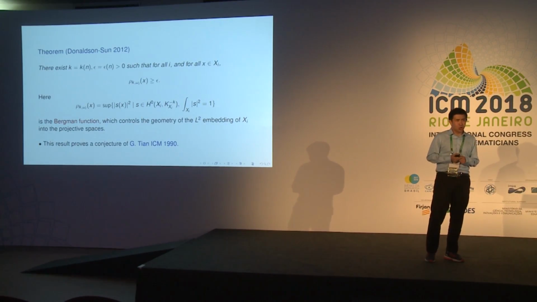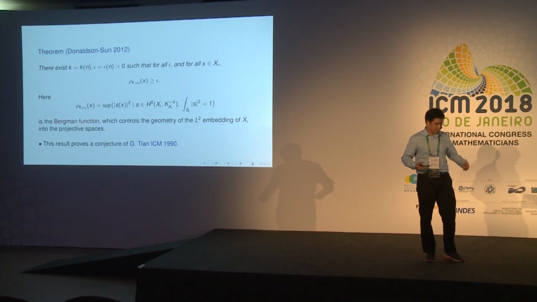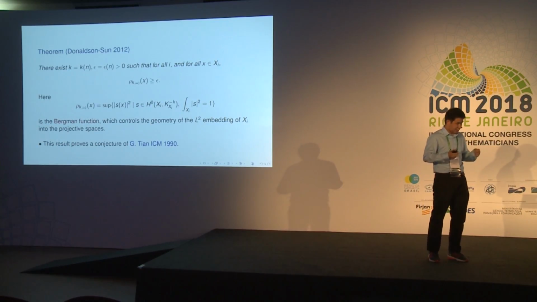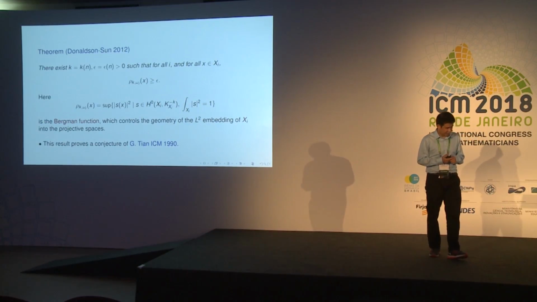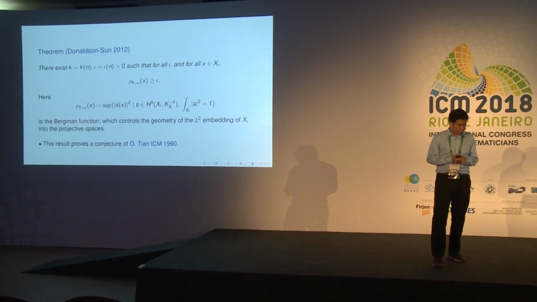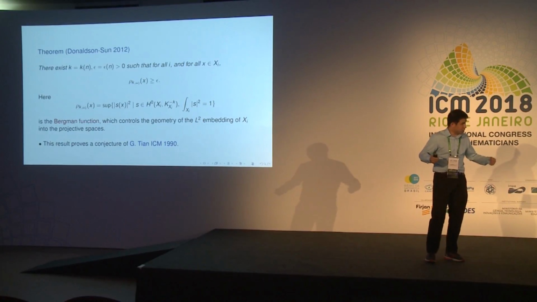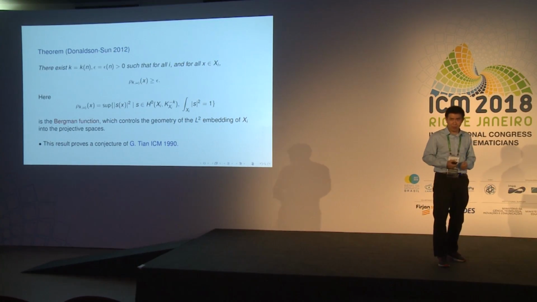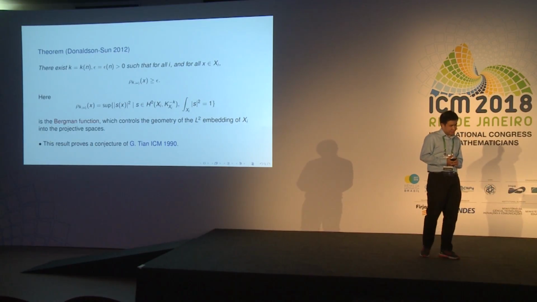It measures the following: if you consider holomorphic sections of the negative k-th power of the canonical line bundle, and you constrain the global L2 norm to be 1, then at a fixed point you see how large you can get. This is the Bergman function.